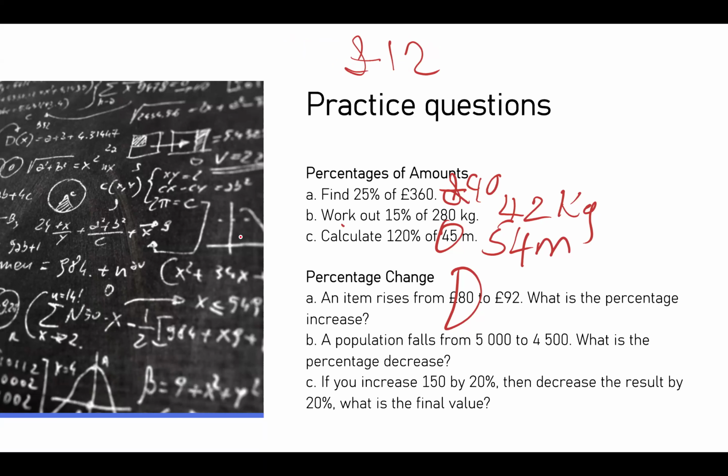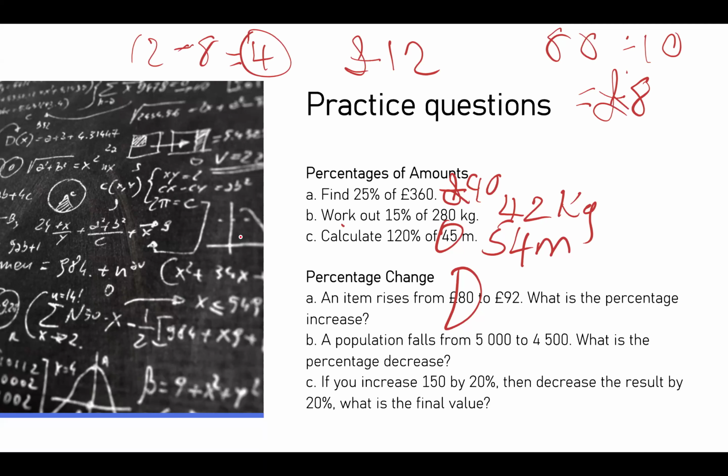Okay, so what we can do is, as I said, it's a £12 increase. Now 10% of 80 is 80 divided by 10, which is £8. So 12 take away 8 leaves us with 4. So we still need to work out how to get this £4, and we divide by 2. So all we would do is divide the percentage by 2.